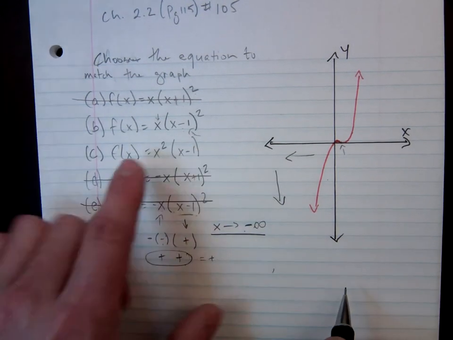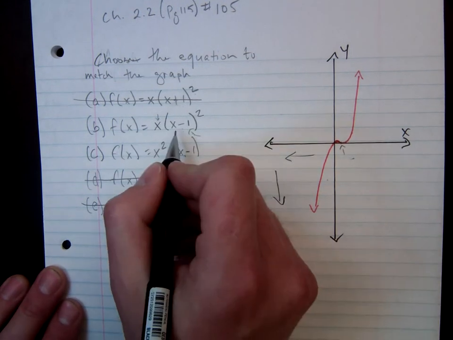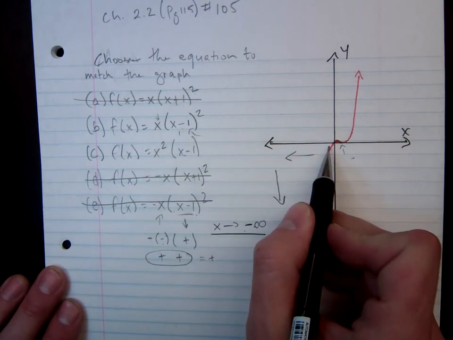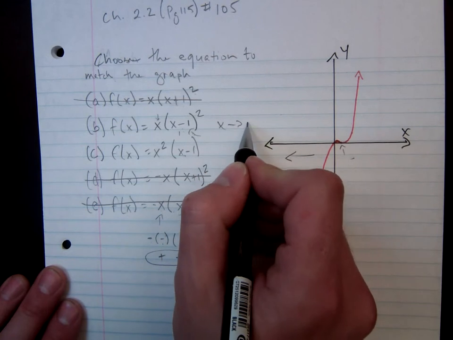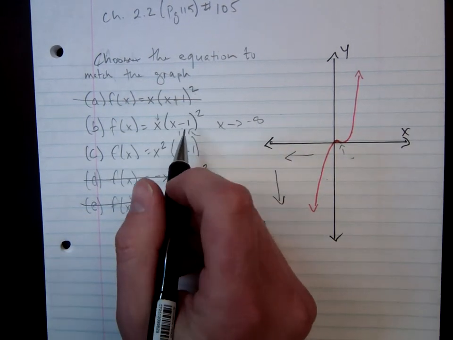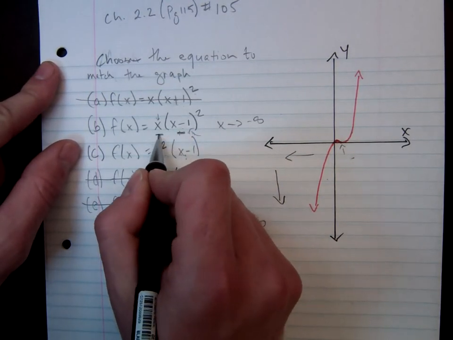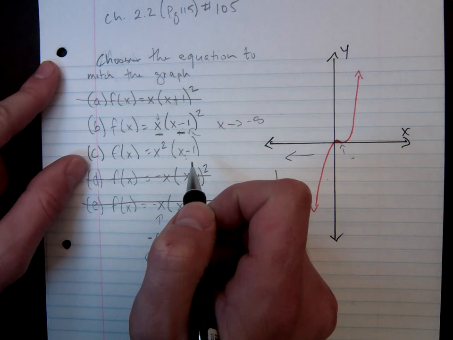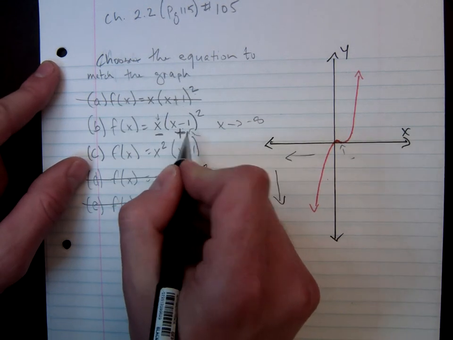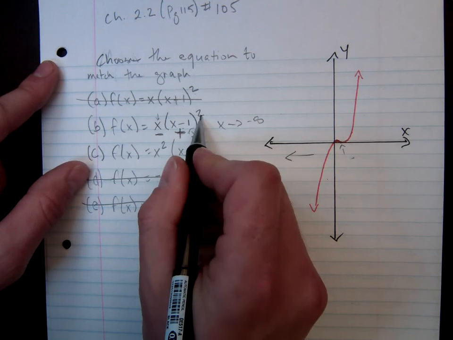Now, if I look at these 2 equations, I see that they both shift to the right. With both of them, as x goes to negative infinity, I would end up with a positive times a negative. My mistake. No matter what, we would square it and become positive.